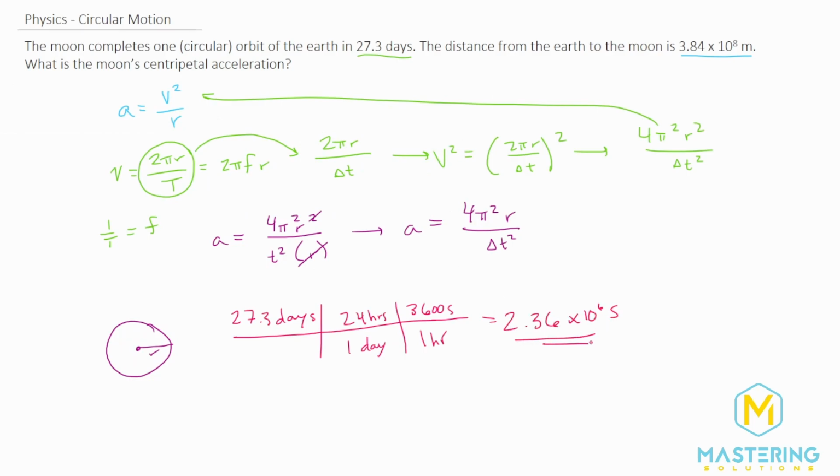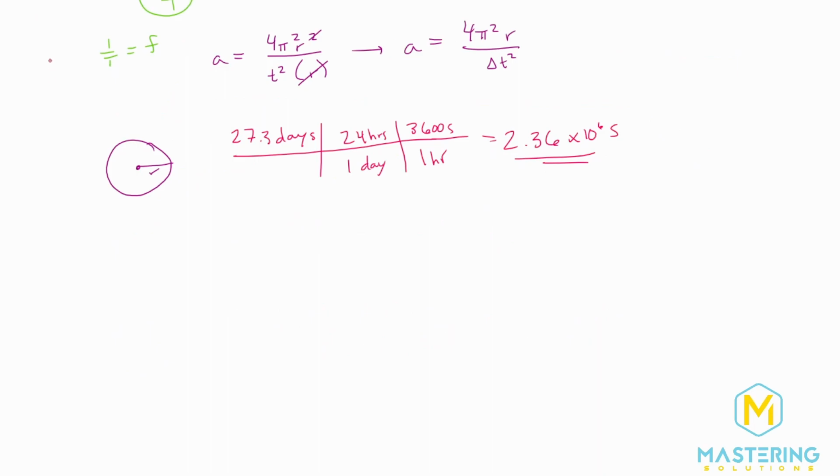And now what are we trying to solve for again? We're trying to solve for the acceleration, right? So let's plug in all of our values now into the acceleration formula. So acceleration is equal to 4 times pi squared times the radius, which we said is 3.84 times 10 to the 8 meters.